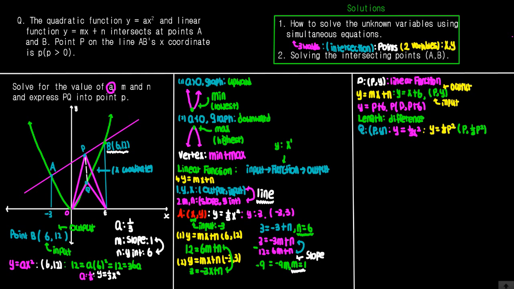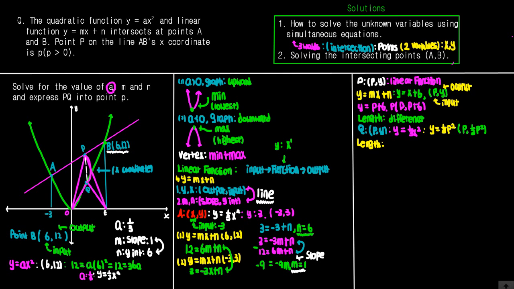So the length between the point P and the point Q is going to be the difference between the coordinates, which means there is no difference in p because they are the x values. But there is a difference between p plus 6 and 1/3 p squared. So all we have to do is subtract.